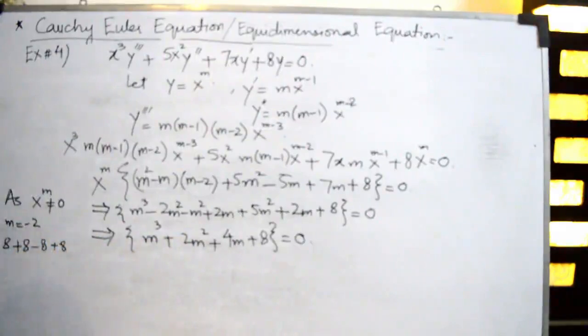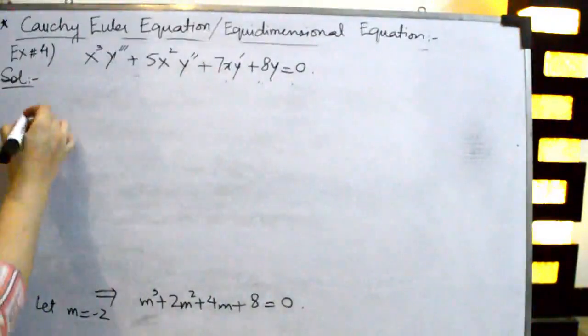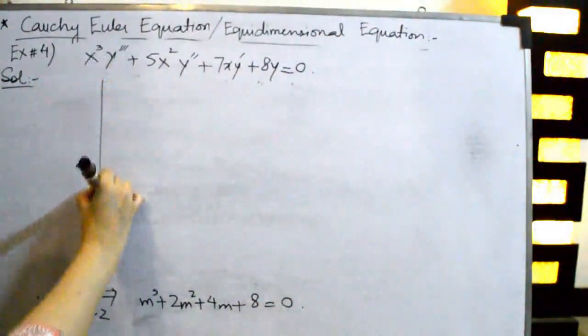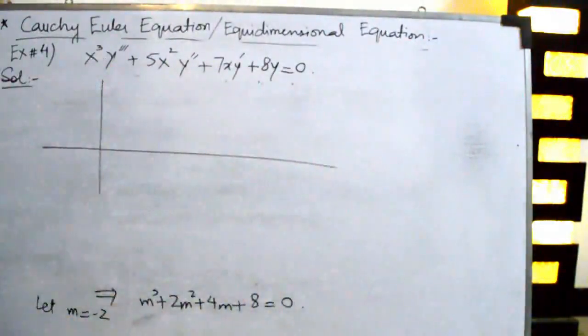So m equals minus 2 is the root, and from synthetic division we can reduce it from cube to square form. So m plus 2 is a factor here. You can use synthetic division or the simple division method.